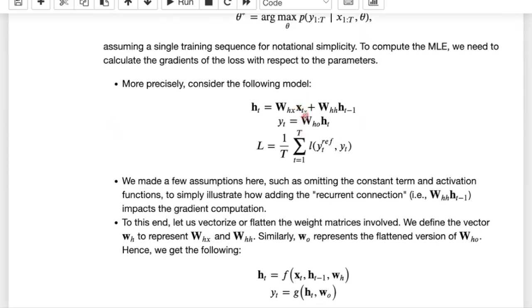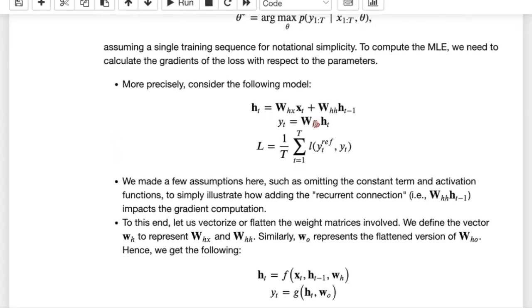So we have these inputs at each time, and we have this weight, which is WHX, and then WHH. And in this case, I'm ignoring all the activation functions. You can really consider them, but it's a very easy adjustment when you're talking about partial derivatives. That just means that you have to consider the derivative of that activation function.